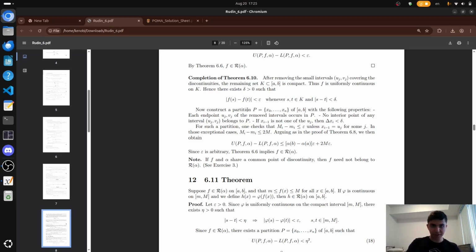Now construct a partition P = {x_0, ..., x_n} of [a, b] with the following properties. Each endpoint u_j, v_j of the removed intervals occurs in P. No interior point of any interval (u_j, v_j) belongs to P. If x_{i-1} is not one of the u_j, then delta x_i is less than delta.